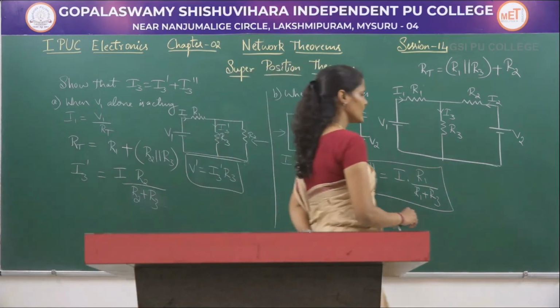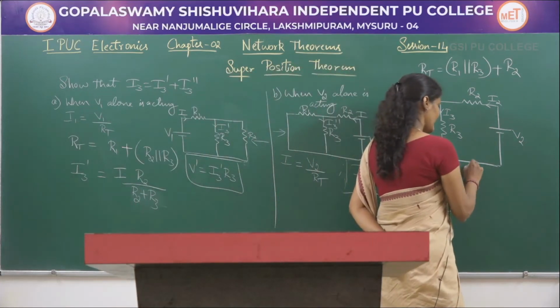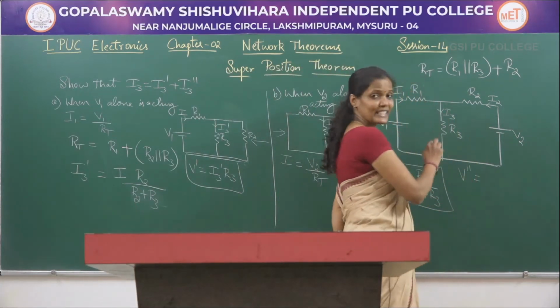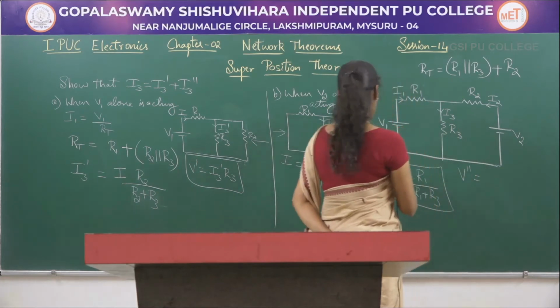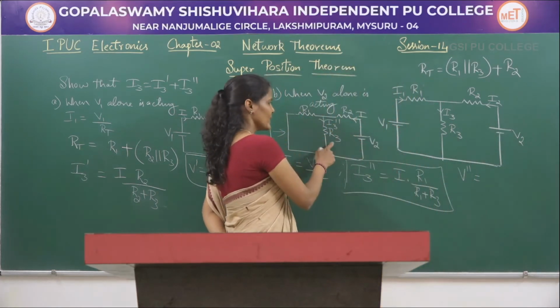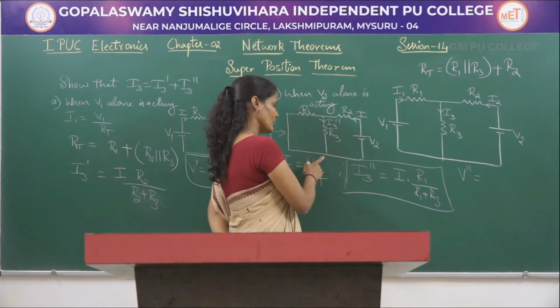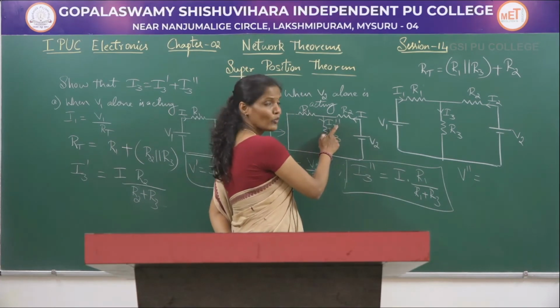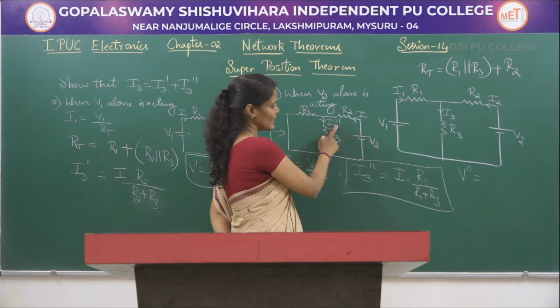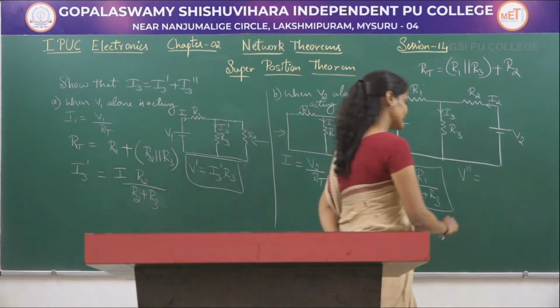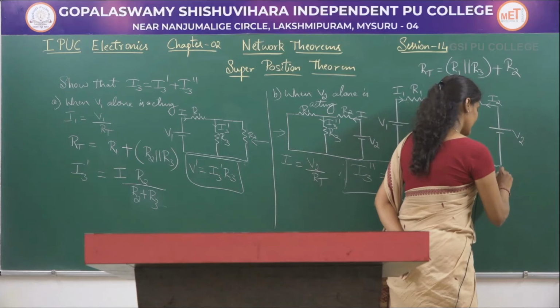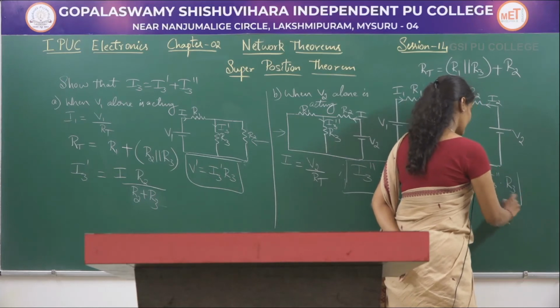And coming to this, V double dash, that is the voltage across this R3, is equal to the product of the current flowing through this resistor, that is I3 double dash into R3.